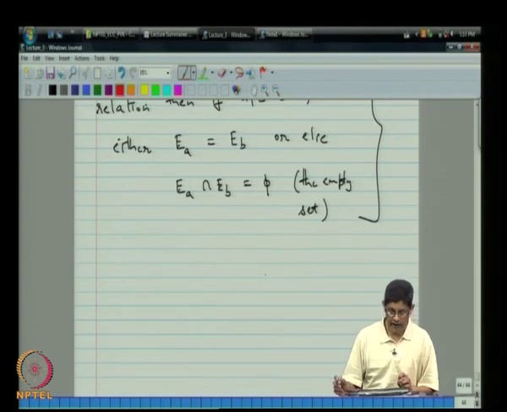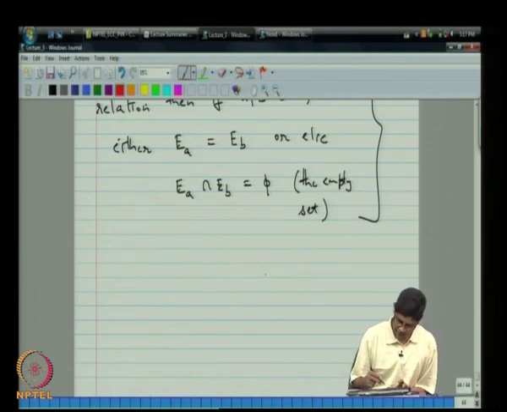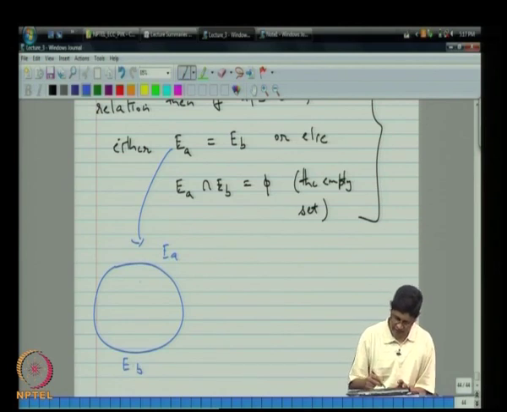So, that means that there are only two possible pictures that you can have in mind. One of them says that you have E_A and you have E_B, and they are one and the same.